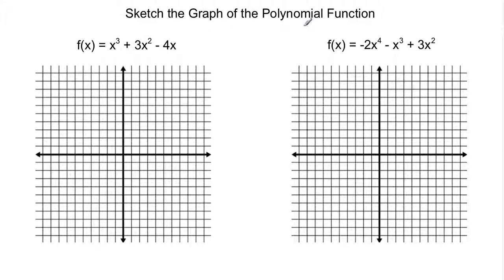All right, so we want to sketch a graph of these polynomial functions. So just like we did before, we want to find the x-intercepts, the y-intercepts, and the end behavior. So I'm going to factor this to find the x-intercepts. So 0 equals x squared plus 3x minus 4. Sorry, that's y.